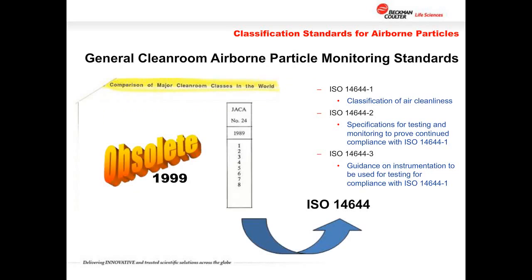So in 1999, ISO 14644 was created with the first couple of sections, -1 and -2, related to the level of airborne particles in the air, and being able to look at the concentration in the air and make sure it's appropriate for various purposes.